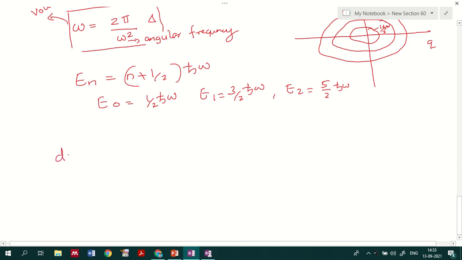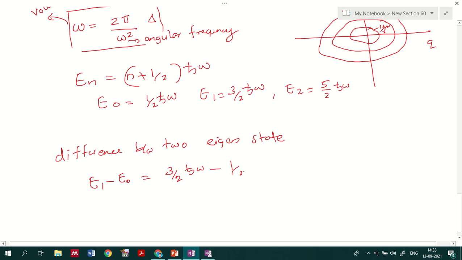Now if I take the difference between two eigenstates, because eigenstates represent the different energy levels, I can say, taking E1 minus E0, that is 3 by 2 h cross omega minus half h cross omega, I will be getting h cross omega.